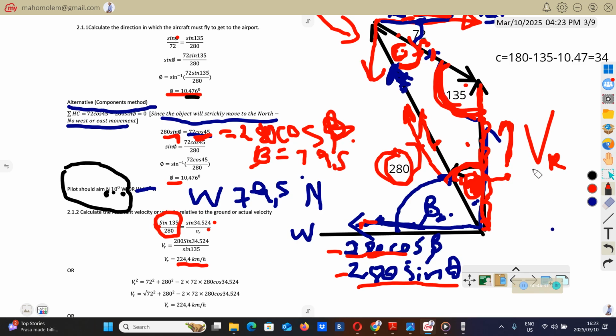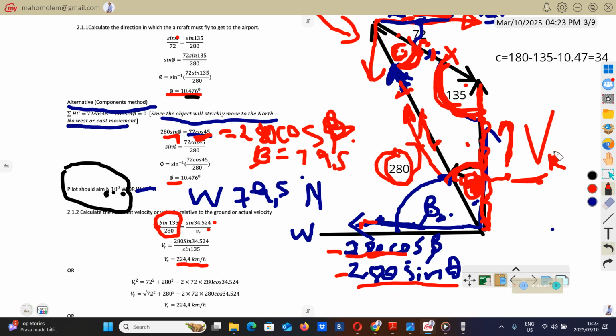Cosine rule, we just need the included angle and the two sides. So like here, to get this side, you will have to use this opposite angle and the sides that form this opposite angle.